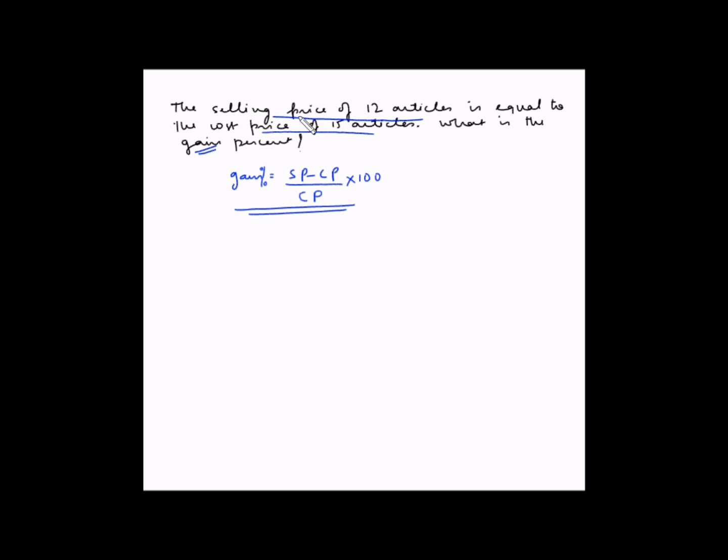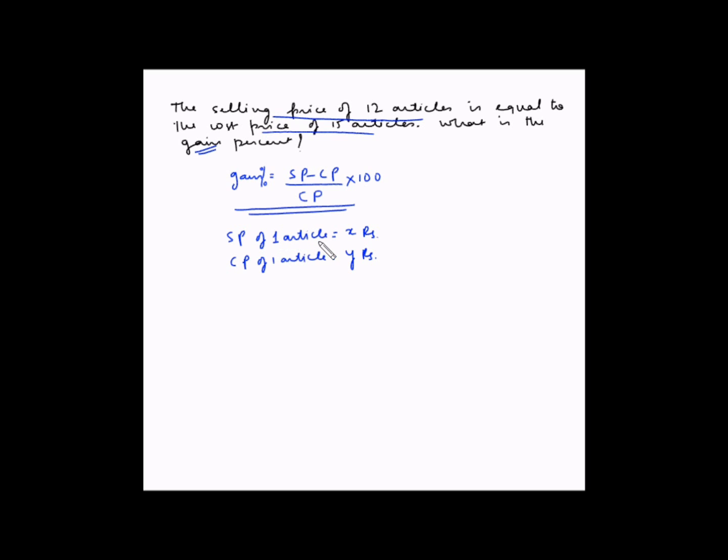Now the selling price of 12 articles is equal to the cost price of 15 articles. So let's say that the selling price of one article equals X rupees and the cost price of one article equals Y rupees. So what this is saying is selling price of 12 articles.